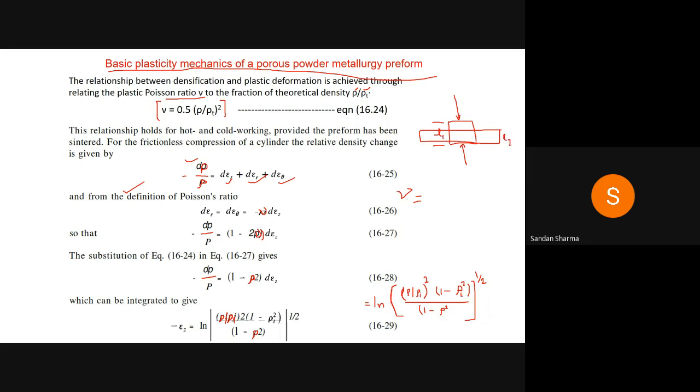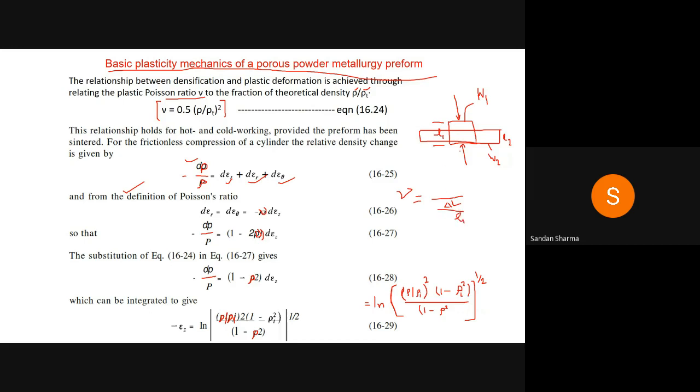At the same time, the width is also changing from W1 to W2. So the Poisson ratio is for the direction in which you are applying pressure, the change in this direction is the strain, delta L by L1.